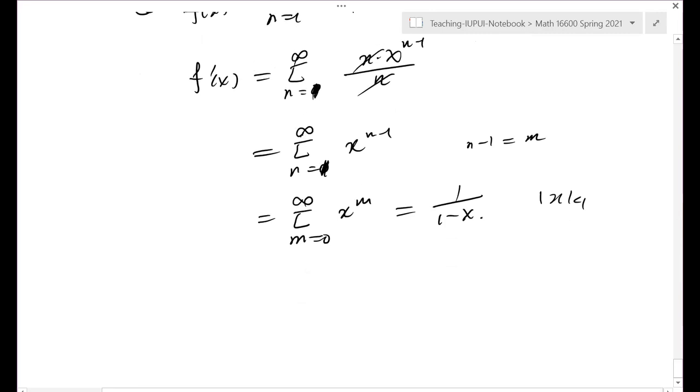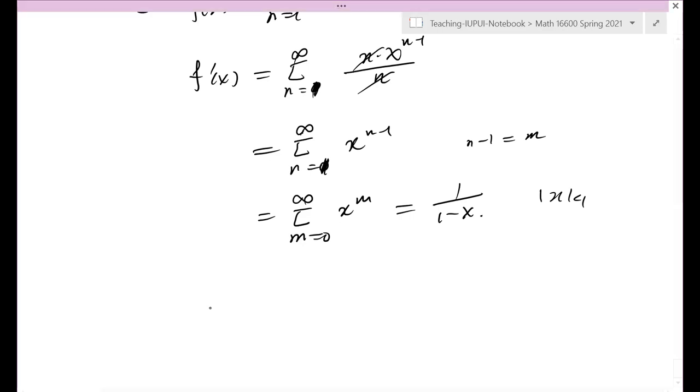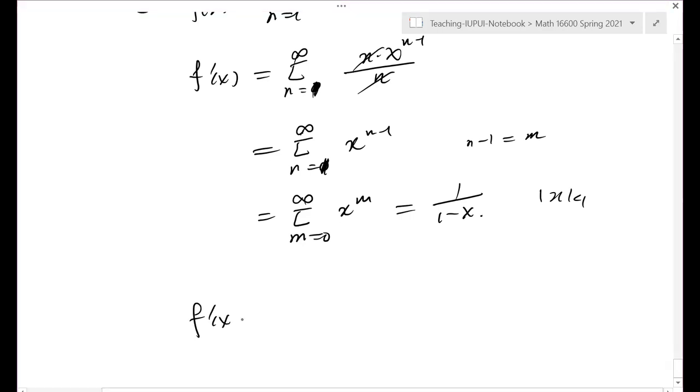So I'm going to integrate. It's just like solving a differential equation. If f prime of x equals 1 over 1 minus x, that's the first condition.